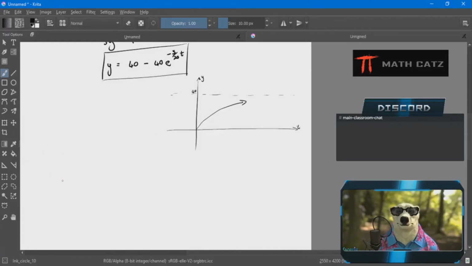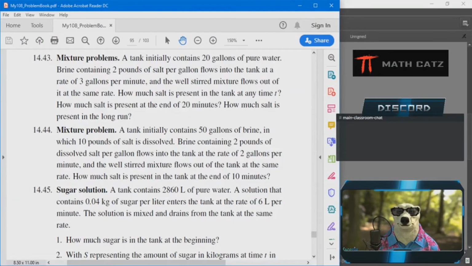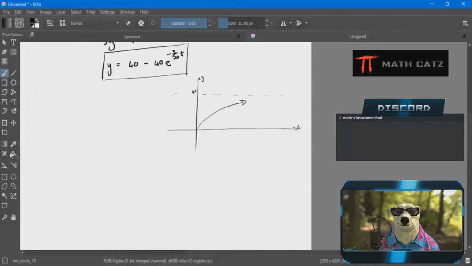Now we can answer different questions here. Let's say how much salt is present in the tank at time t. Okay, fine, we've done that already. How much salt is present at the end of 20 minutes? So at the end of 20 minutes, we simply have 20 for t, and we calculate it.